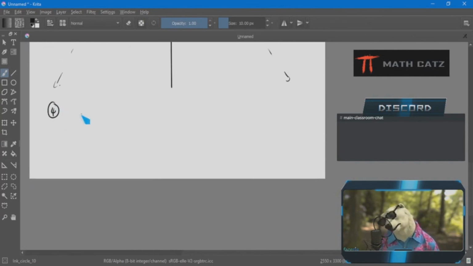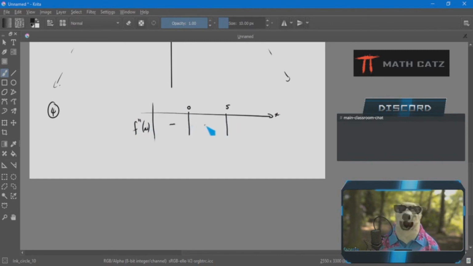Squeeze it in here. Well, they tell me, and I'm just copying it from the question, that the number line is split up at 0 and at 5, and the second derivative has signs negative, negative, positive. At 0, the second derivative is undefined. At 5, the second derivative is 0.